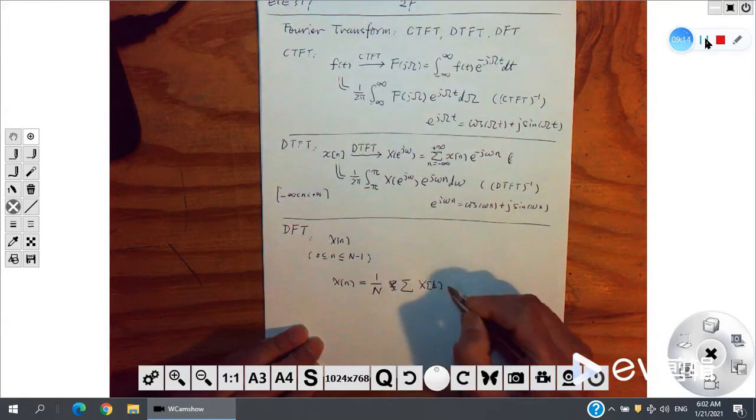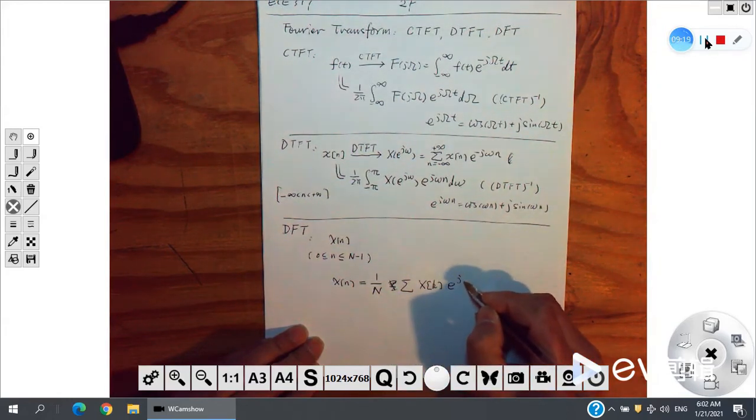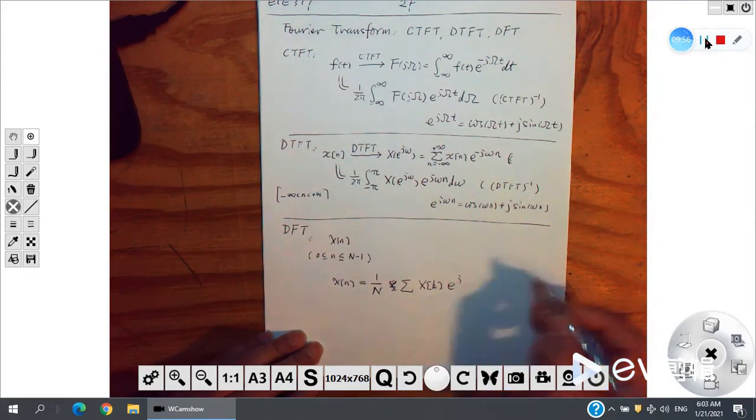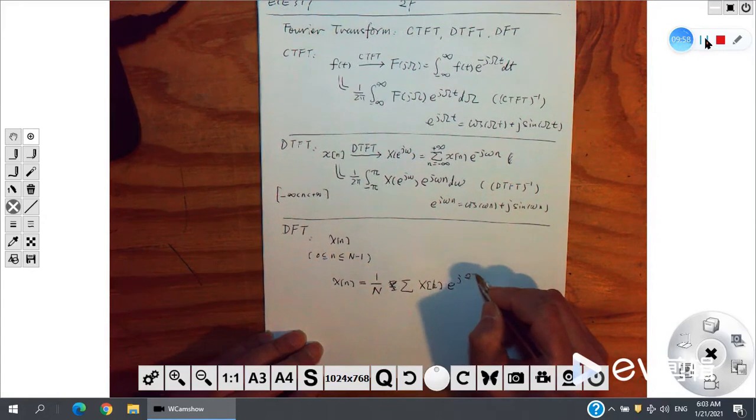And here is still a sinusoid, e to the j, frequency times n. But what is the frequency? It will be 2 pi over N times k. Right, this k. This is also k.